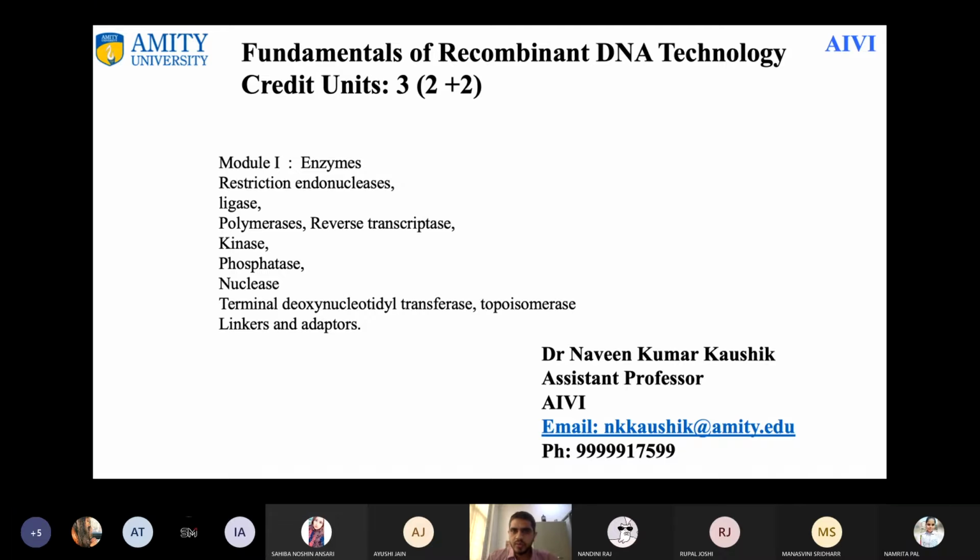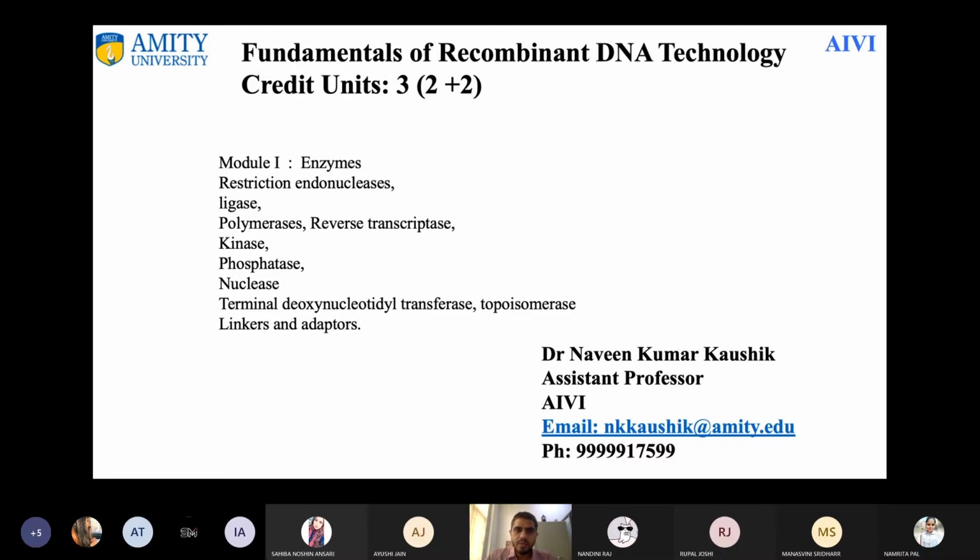The title of the course is The Fundamentals of Recombinant DNA Technology. If you remember, in our previous class we talked about what recombinant means. We are doing something with DNA, and some techniques are going to be involved. So these three terminologies combine together and lead to our current subject.